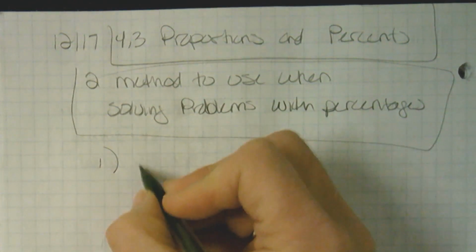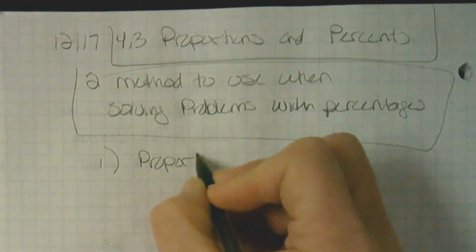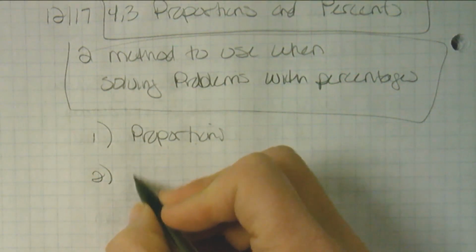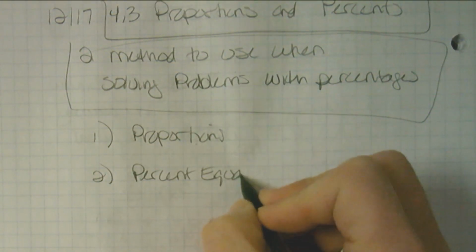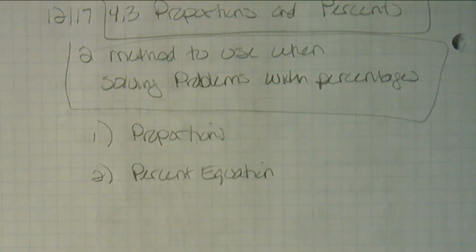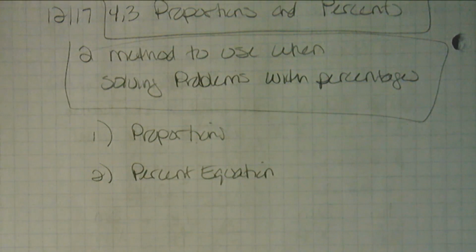The first one is proportions. The second one is our percent equation. I think it's important for you guys to know both of these, so I am going to be showing you both of them.